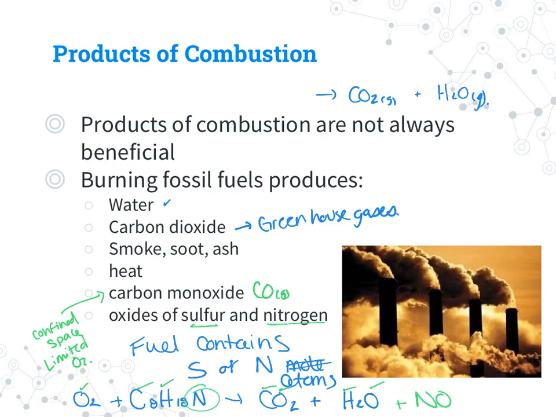So we make some sort of nitrogen oxide, and these are much more toxic. Same thing would happen if this was an S instead. We would have to make some sort of sulfur oxide, which are much more toxic than CO2.